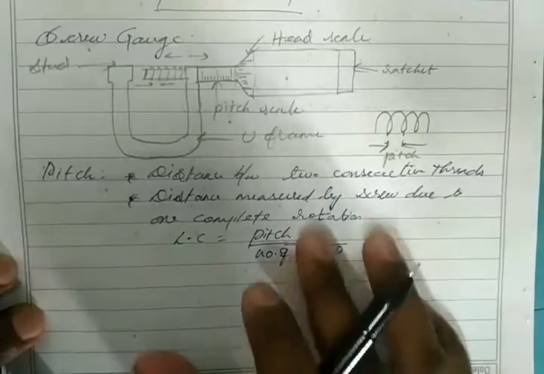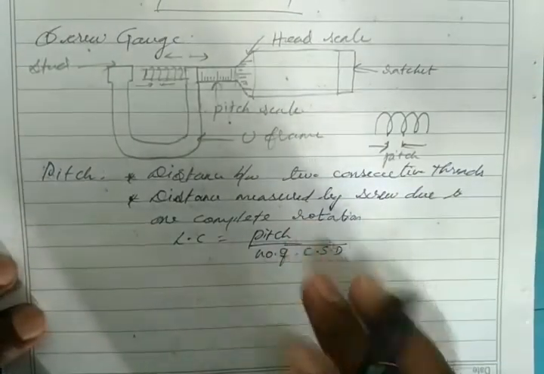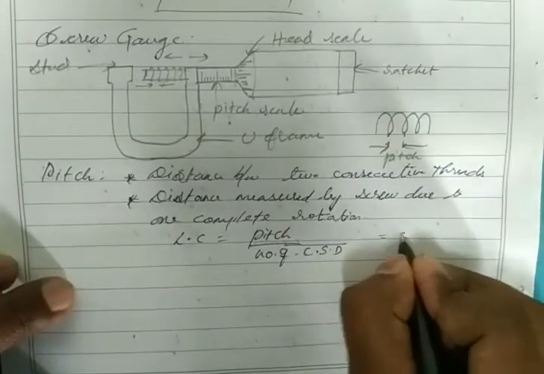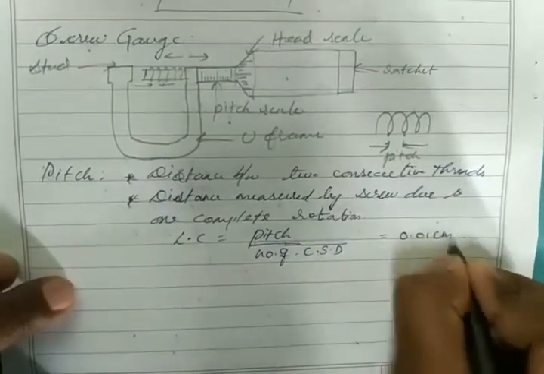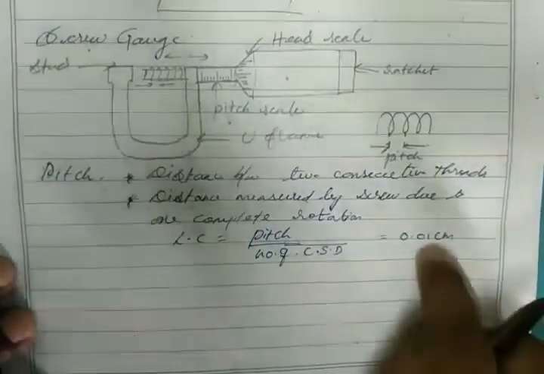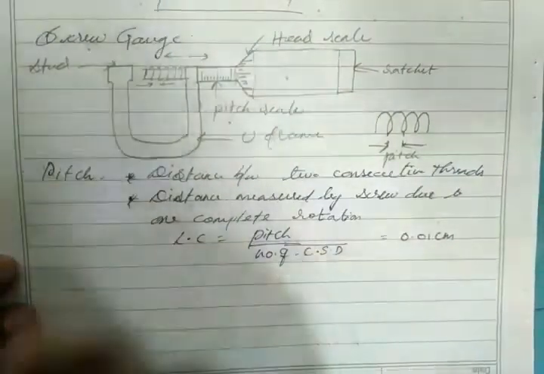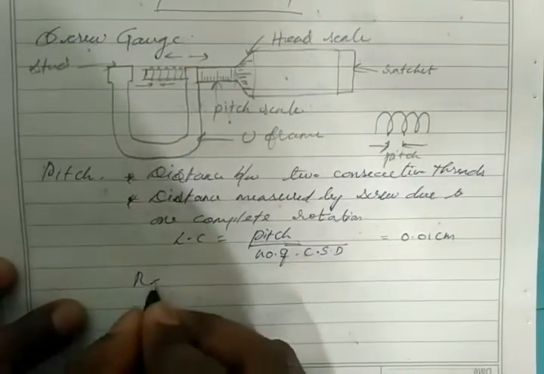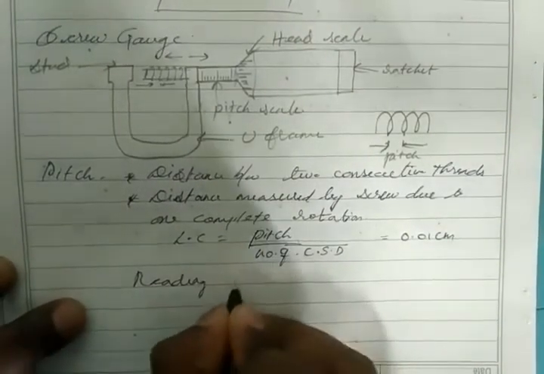Usually in our lab we have a screw gauge of least count 0.01 centimeter. This is the least value which can be measured by the screw gauge. We take a reading by this method.